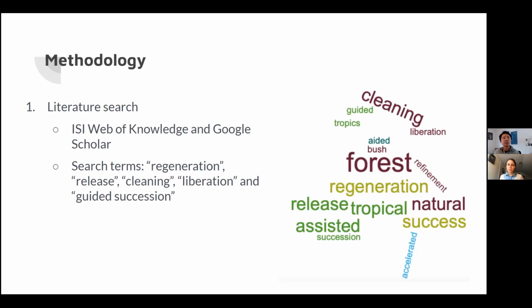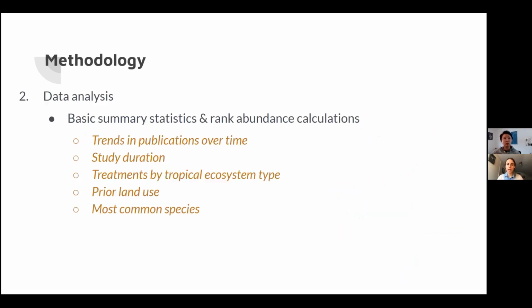So in order to achieve those research objectives, we first undertook a literature search using Web of Knowledge as well as Google Scholar, and searched for terms such as regeneration, release, cleaning, liberation, and guided succession, and combinations thereof.